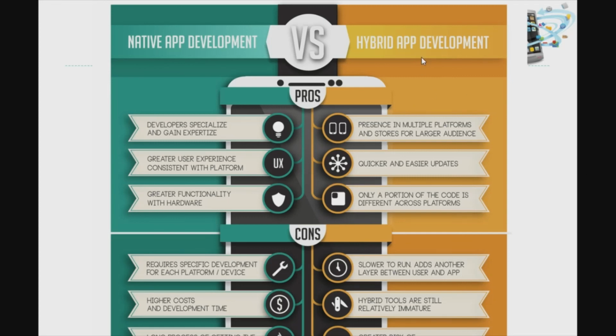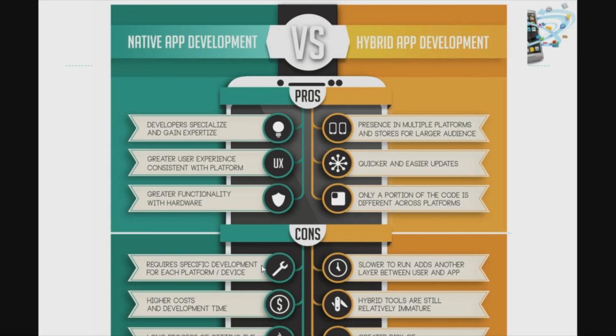For the hybrid, the pros: you just code once and you can use it for multiple platforms. Quicker and easy to update. Only a portion of the code is different across the platforms. How about the cons? The cons of native here: require a specific development platform for each.